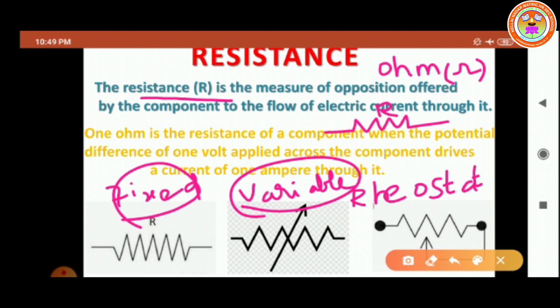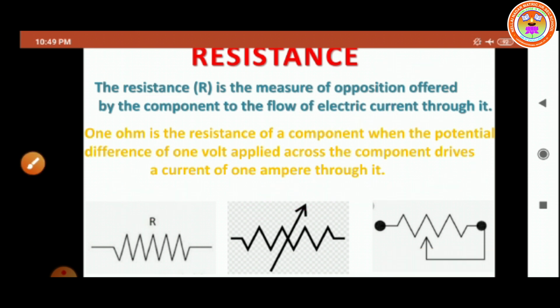Next we are to move on to define 1 ohm, because the unit of the resistance is ohm. So 1 ohm is the resistance of the component when the potential difference of 1 volt is applied across the component, it drives a current of 1 ampere through it. So 1 ohm is nothing but what?